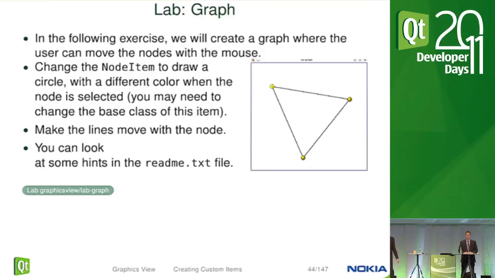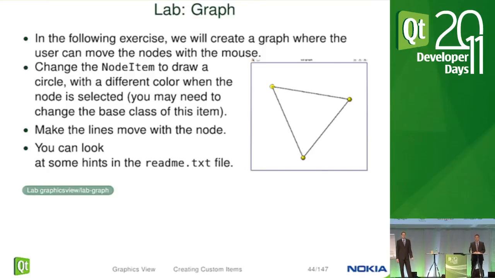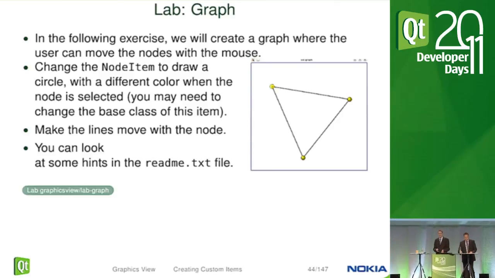Is there an easy way to paint all of a graphics item and its children to an image, for example? The graphics scene has methods for rendering into basically any paint device, SVG or whatever you want. I'm not sure if that's available for items. So what are you trying to do? Make a screenshot of your stuff?